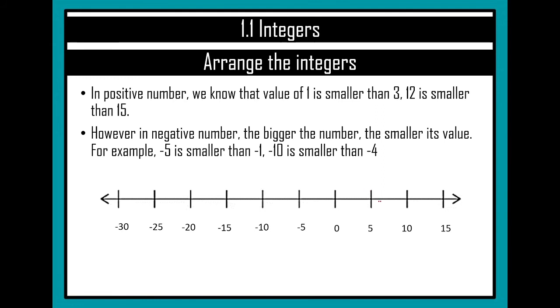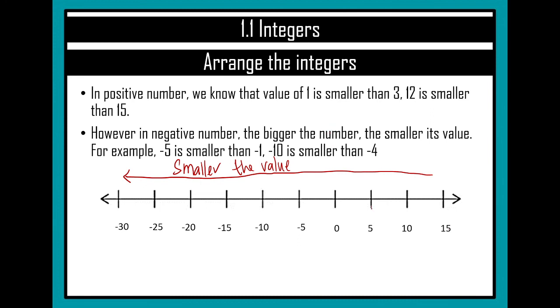If you notice, from 15, 10, 5, 0, the more it goes towards the left, the smaller the value. Not the size of the number, but the value becomes smaller.